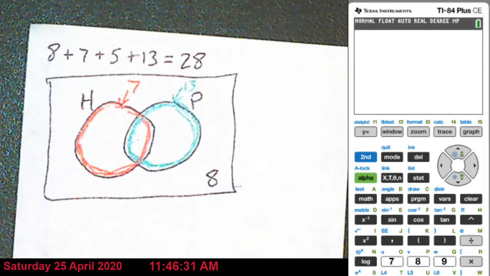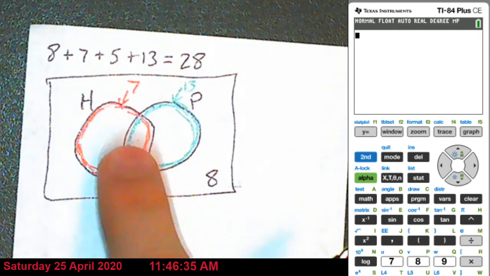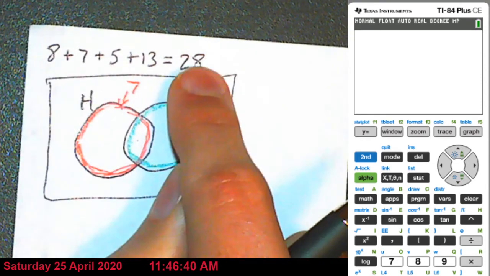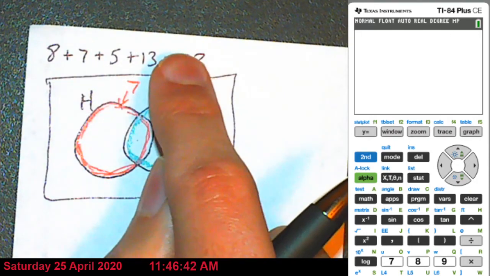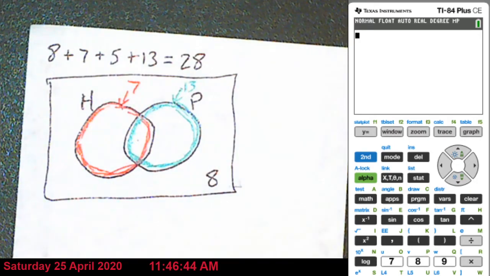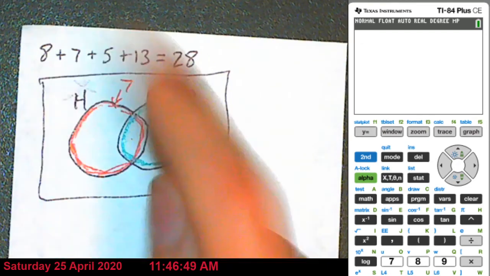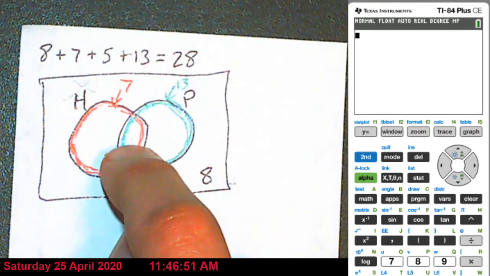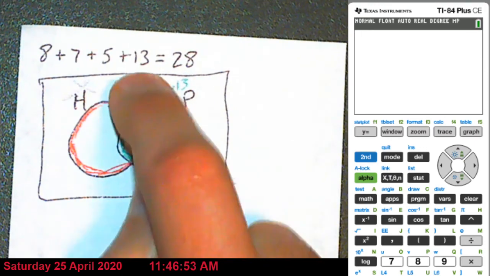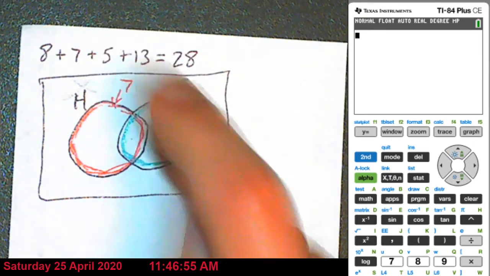So the fastest way that people can figure out how many actually do go in the overlap is by figuring out how many people were double counted. So if we look at our addition up here, this is adding together too many people because the 7 includes some people who are in the middle, and the 13 also includes some people who are in the middle.